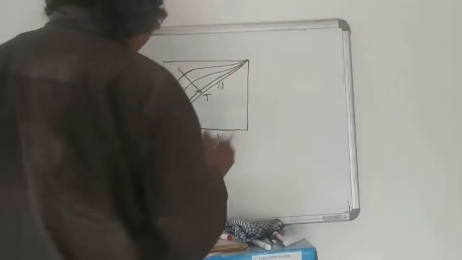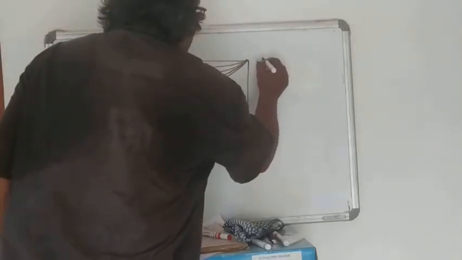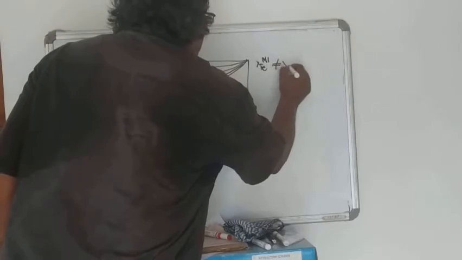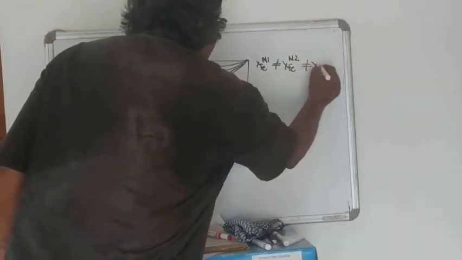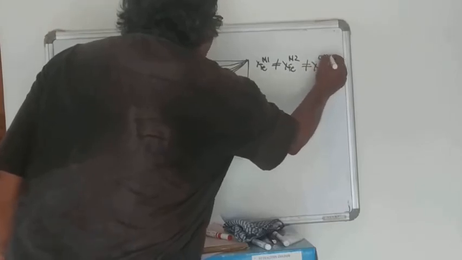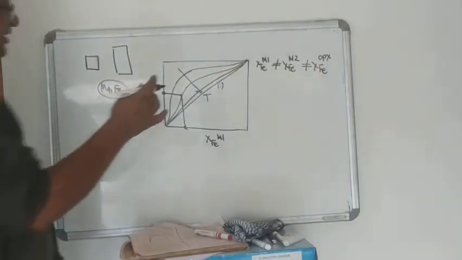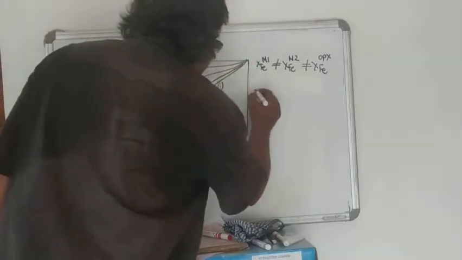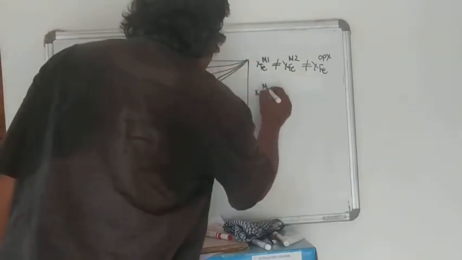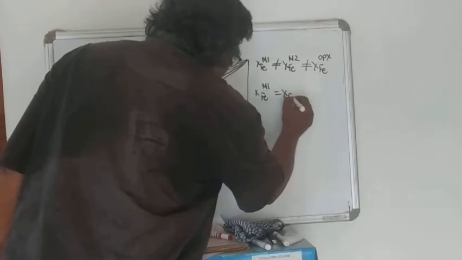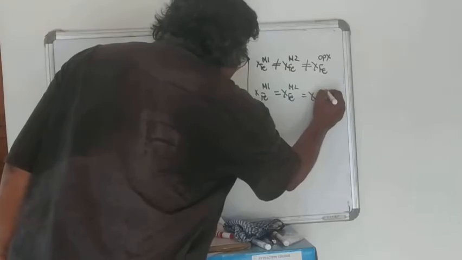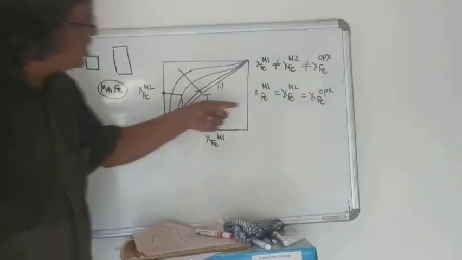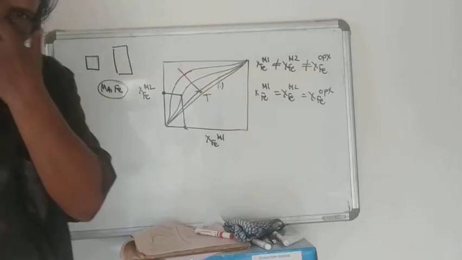Which means at low temperature, XFe M1 is not equal to XFe M2 and is not equal to XFe orthopyroxene. But as we go to the highest temperatures, then XFe M1 is equal to XFe M2 is equal to XFe OPX. So this is called random on-site mixing.